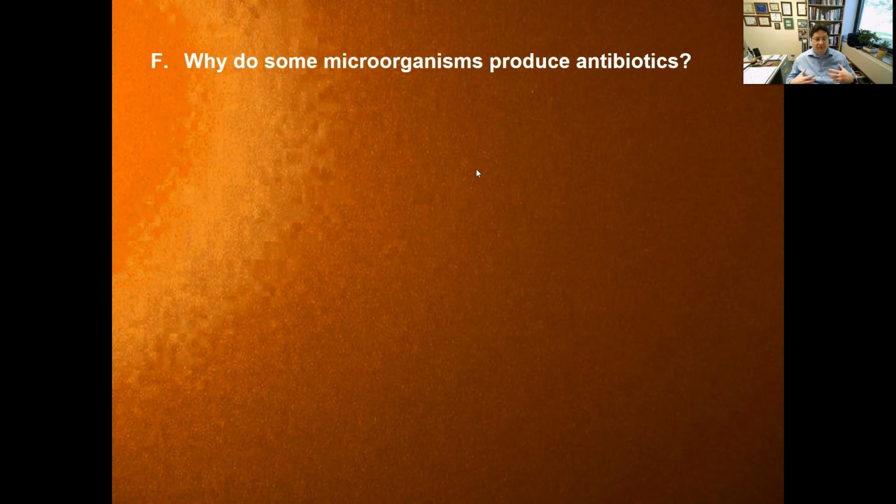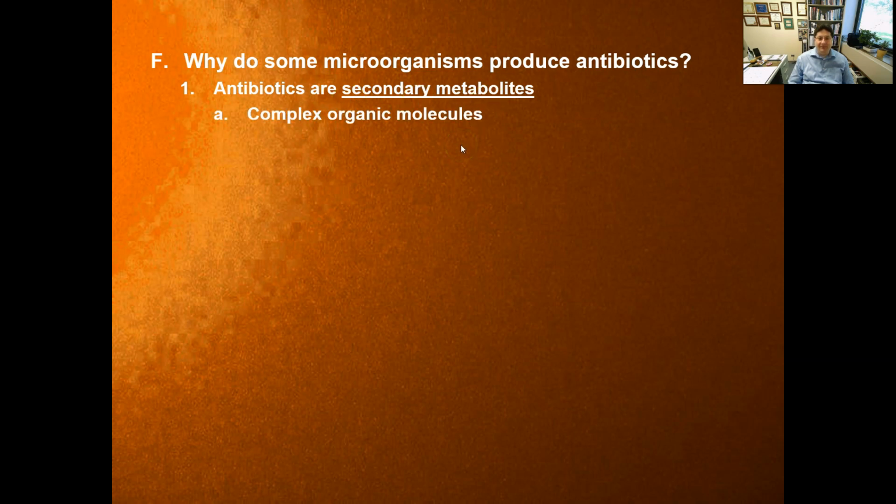So why do some microorganisms produce antibiotics? Like those fungi, like penicillium, it makes antibiotics normally. So do all those bacteria. Why do they do that? You might recall from a previous chapter, the chapter on microbial metabolism, antibiotics are what we call secondary metabolites. These are complex organic molecules that, again, are produced along the path from reactants to products.